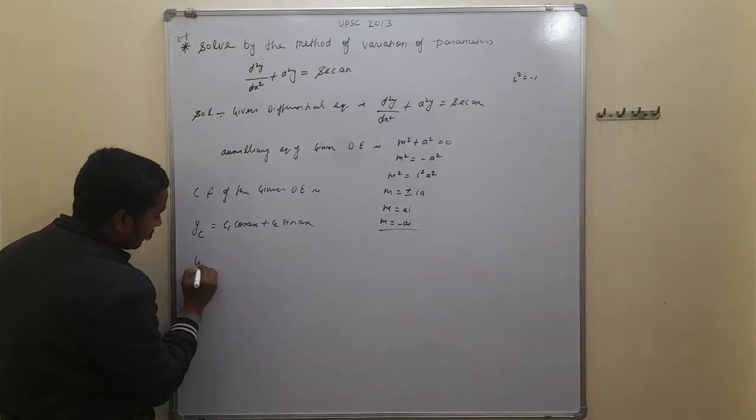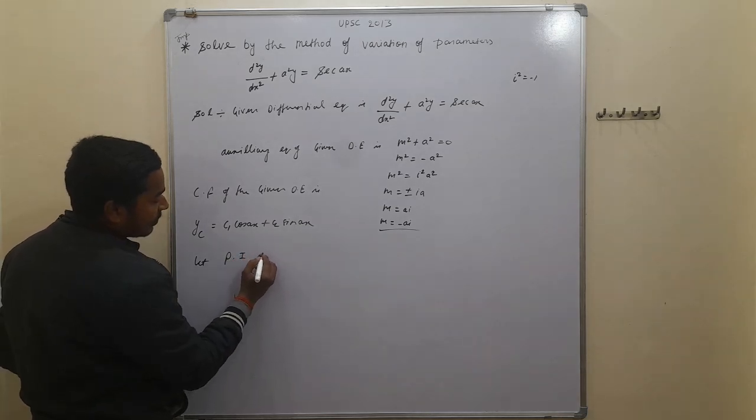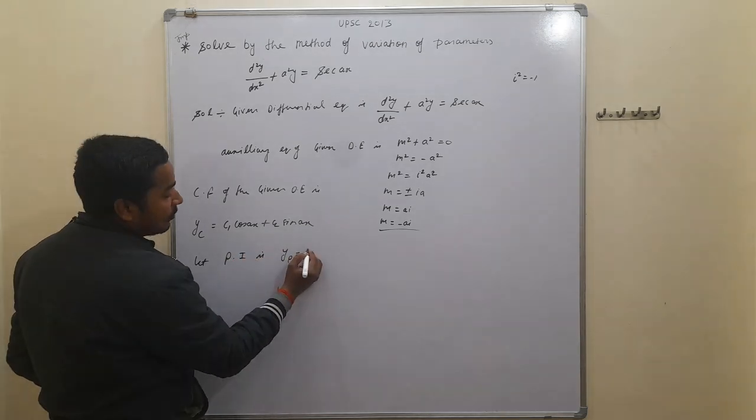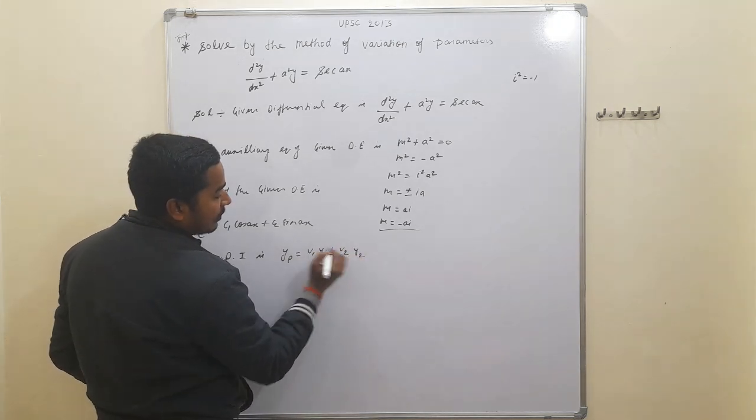Let the particular integral be yp = v1 y1 + v2 y2.